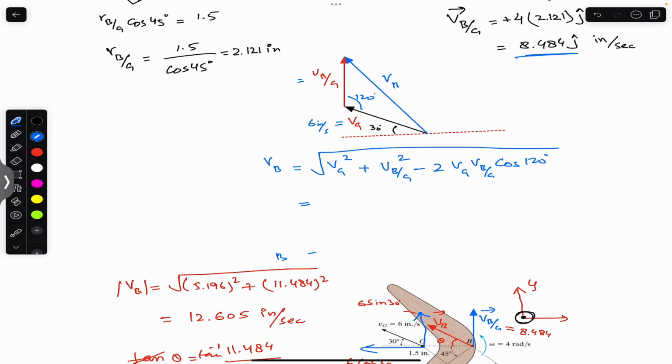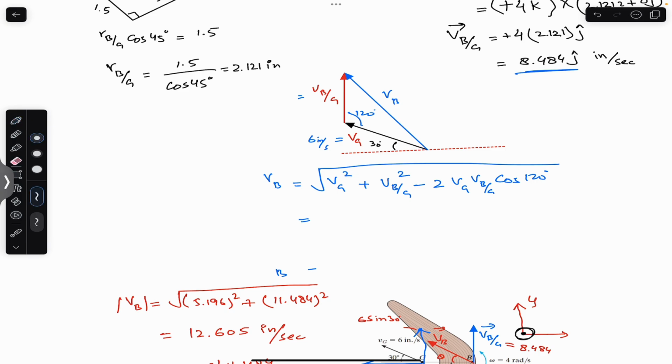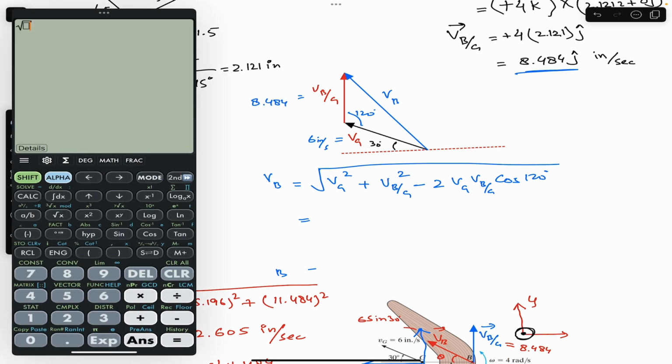And we determined the magnitude of the velocity of B relative to G, which is 8.484. So the square root of 6 square plus 8.484 square minus 2 into 6 into 8.484 multiplied by cos of 120 gives us the same magnitude of VB.